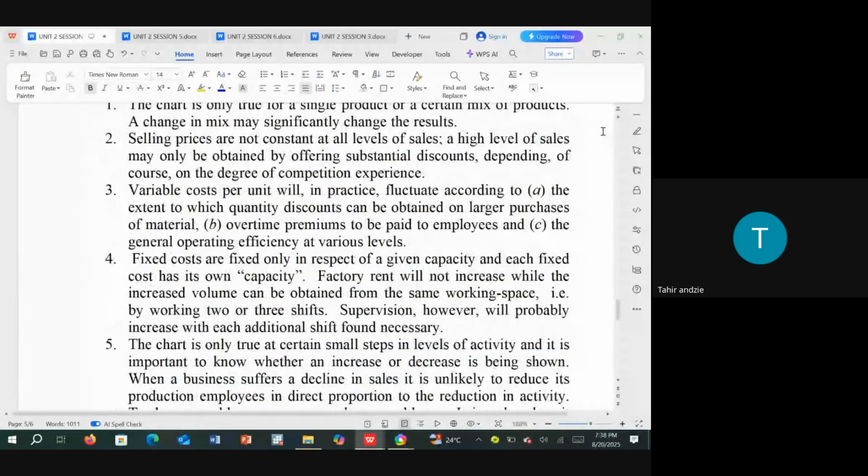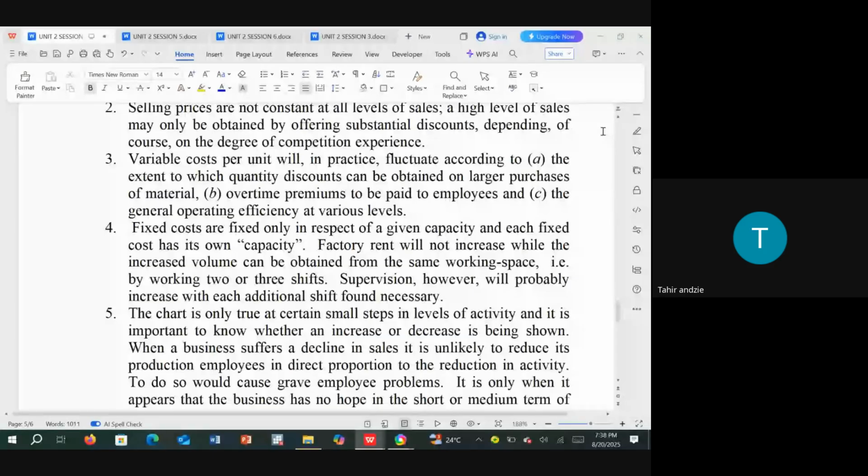Also, we are saying that the break-even chart is only true at certain small steps in levels of activity, and it is important to know whether an increase or decrease is being shown. When a business suffers a decline in sales, it is unlikely to reduce its production employees in direct proportion to the reduction in activity.